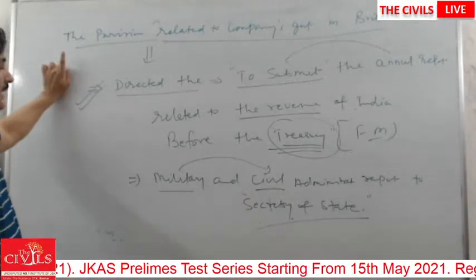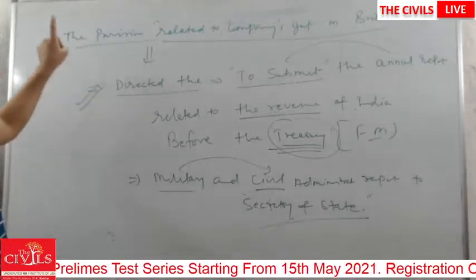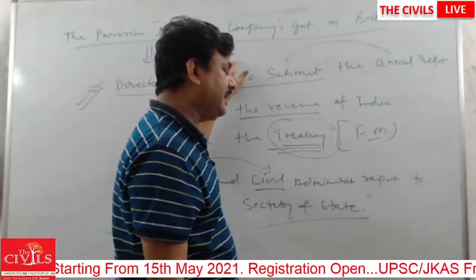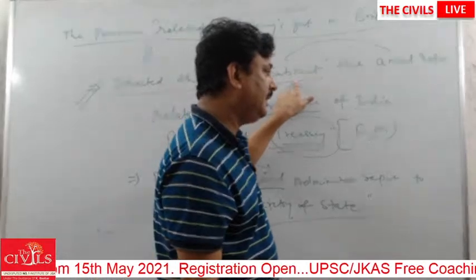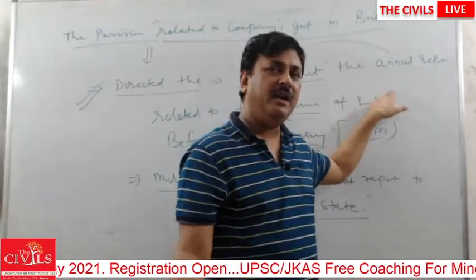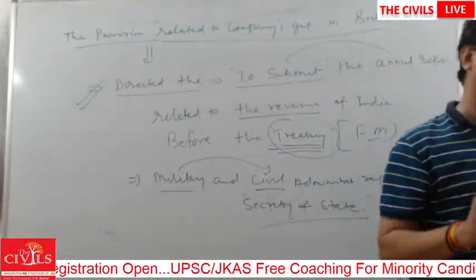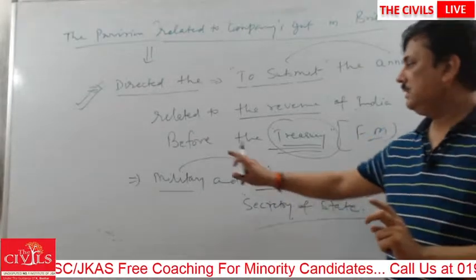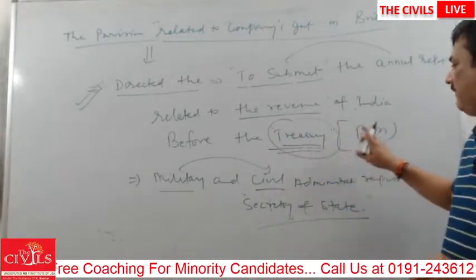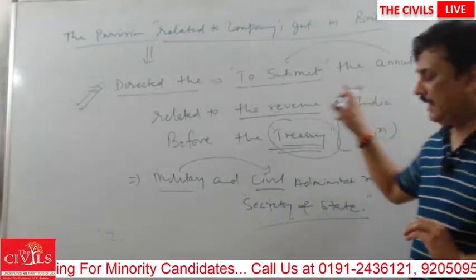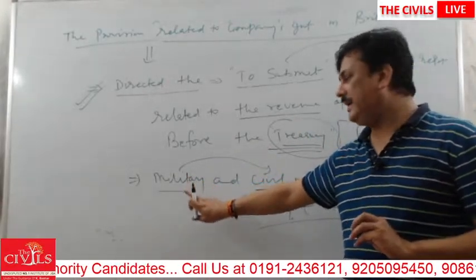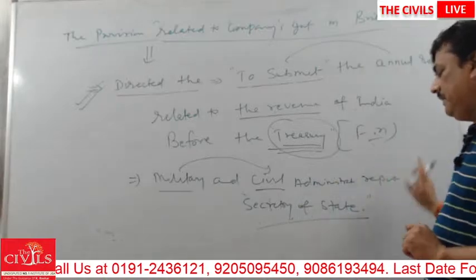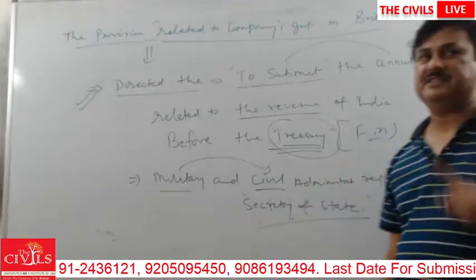Okay, so the Regulating Act directed the directors of East India Company to submit their annual financial report related to India before the Treasury, means Finance Ministry of Britain, and annual report related to military and civil administration of India before Secretary of State.